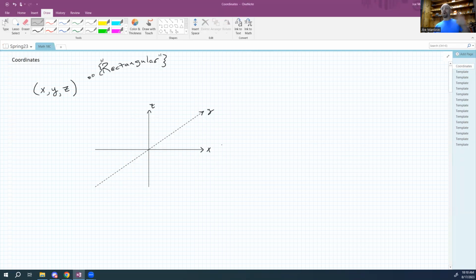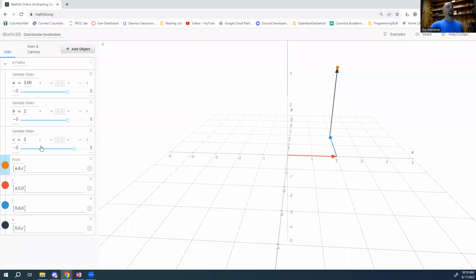And of course, we could go left. We would just describe that with negatives, right? We'd say we wanted to go back 1, or sorry, left 1, back 1, down 1. We could describe that. It's just fine. It'd be the point -1, -1, -1. And we could go back to our little Desmos or our little Math 3D guy, and we could actually input something like that, right?